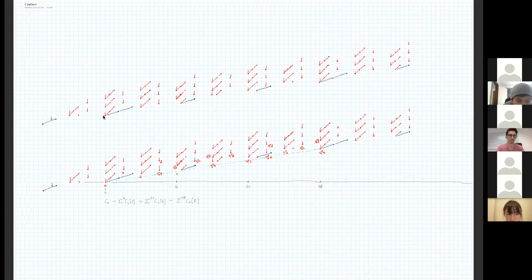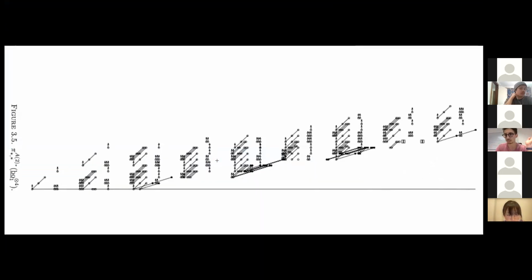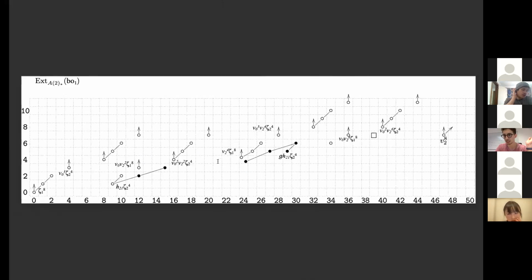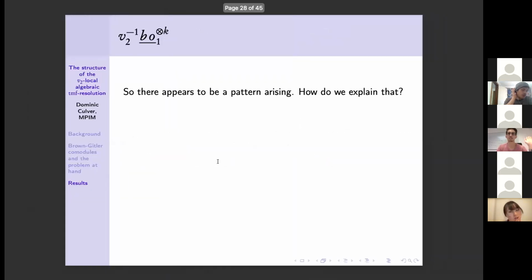So you see this is the spike, and then there's a hook, and then just an H2 multiplication, et cetera. So this is the pattern that remains after you get rid of those things which look like BO1s. So there's maybe a pattern. And how do you explain that?